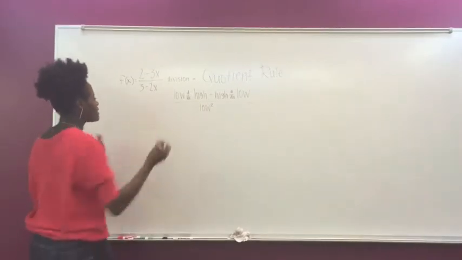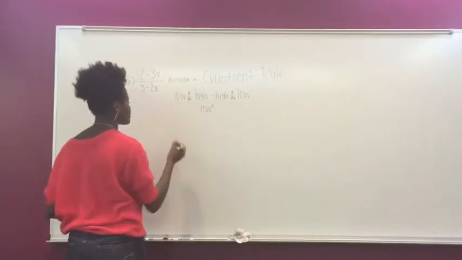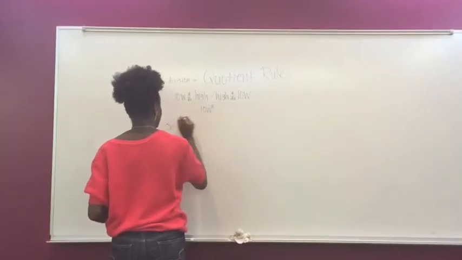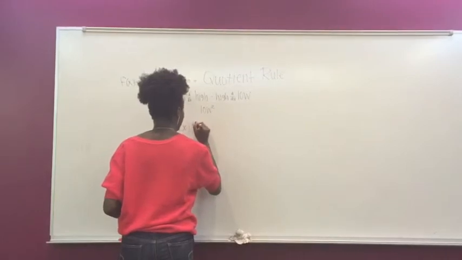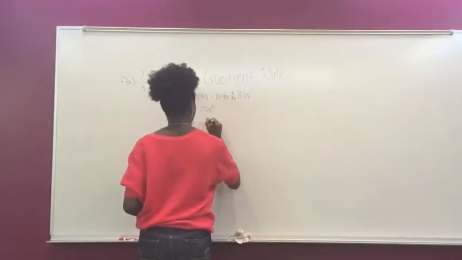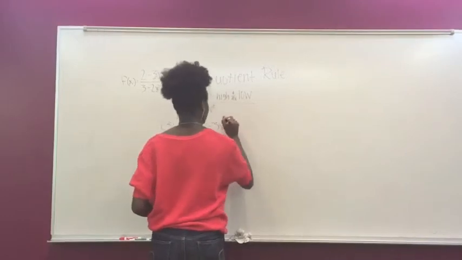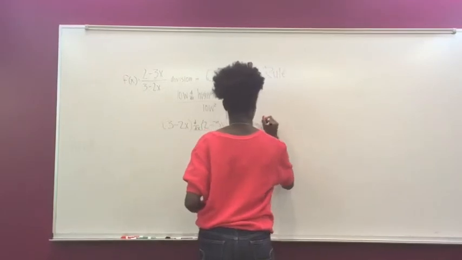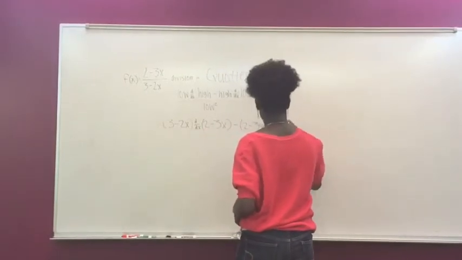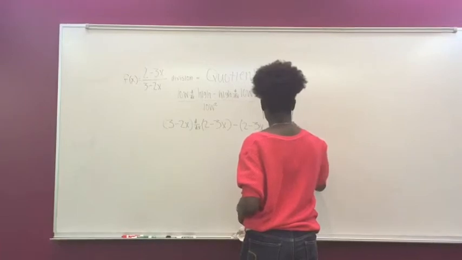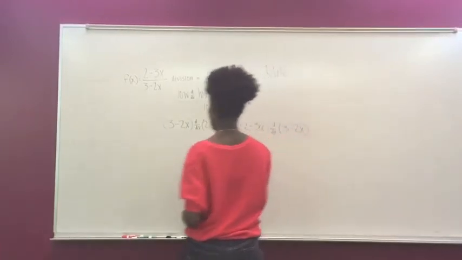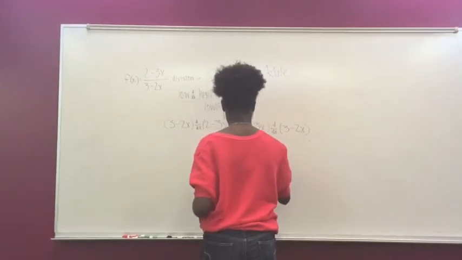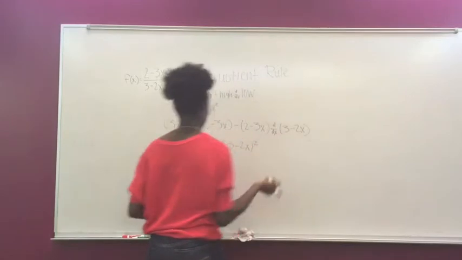What do you mean by all this? For these particular functions, we would do 3 minus 2x times the derivative of 2 minus 3x minus 2 minus 3x times the derivative of 3 minus 2x, all over 3 minus 2x squared.